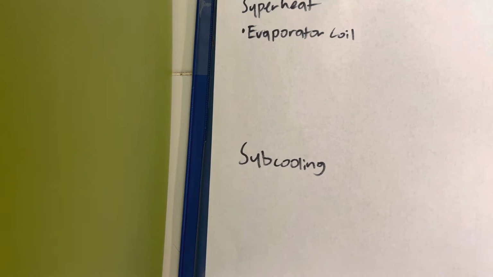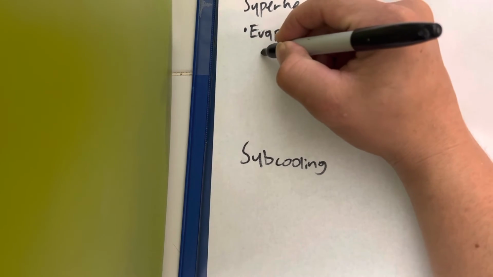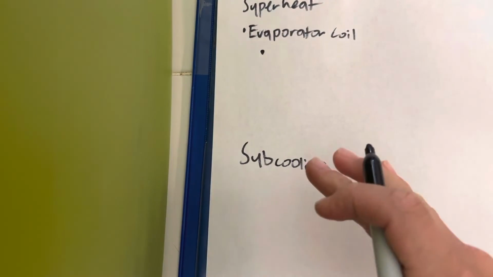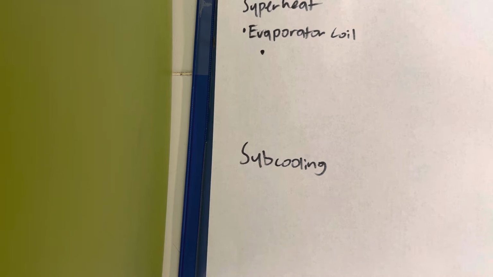So remember what I said, in your evaporator coil, the refrigerant is absorbing heat. So the superheat is the one that happens in the evaporator coil because we're absorbing heat. And if you remember correctly, the evaporator inside there, the refrigerant was boiling. Okay, so that brings us to this.